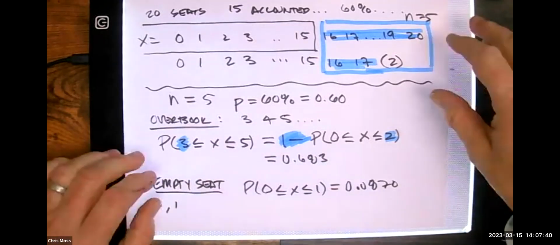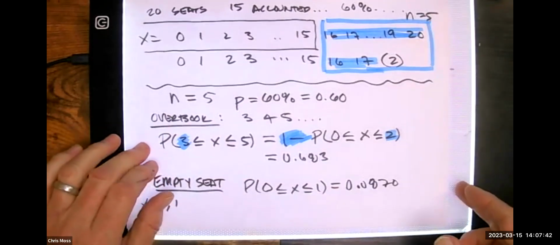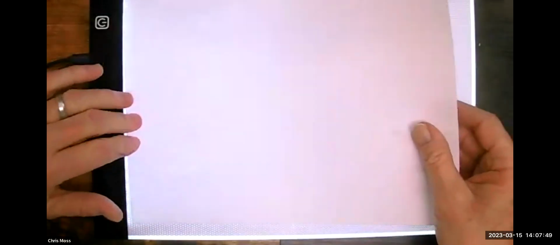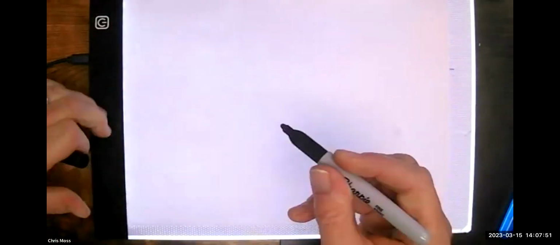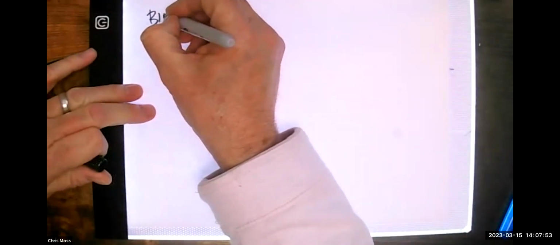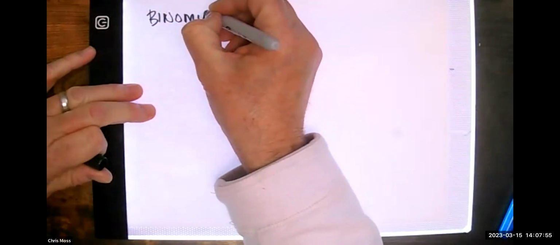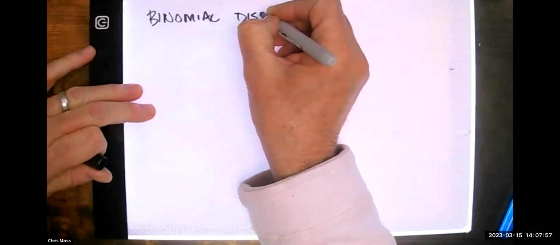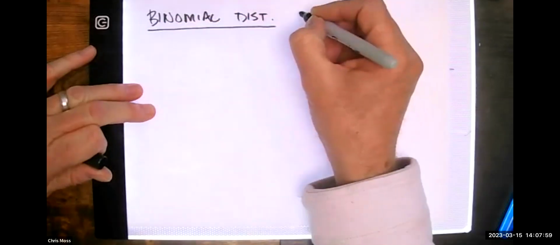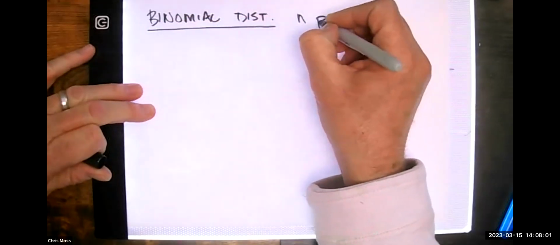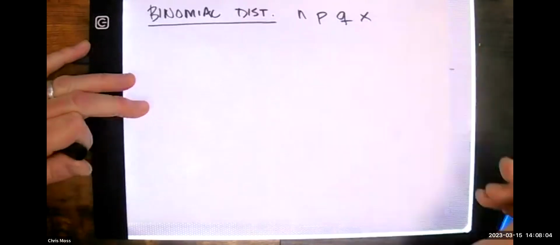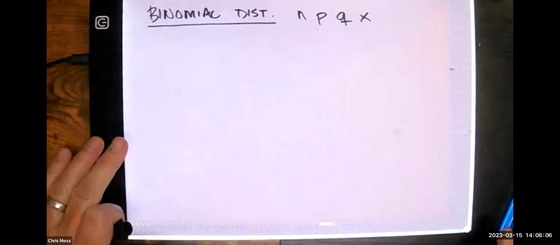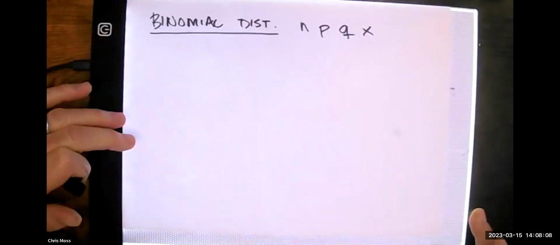So what I'd like to do now is a little bit of summary, because we've talked about an awful lot. We have our binomial distribution. We'll have n, p, q, and x as the variables in question.